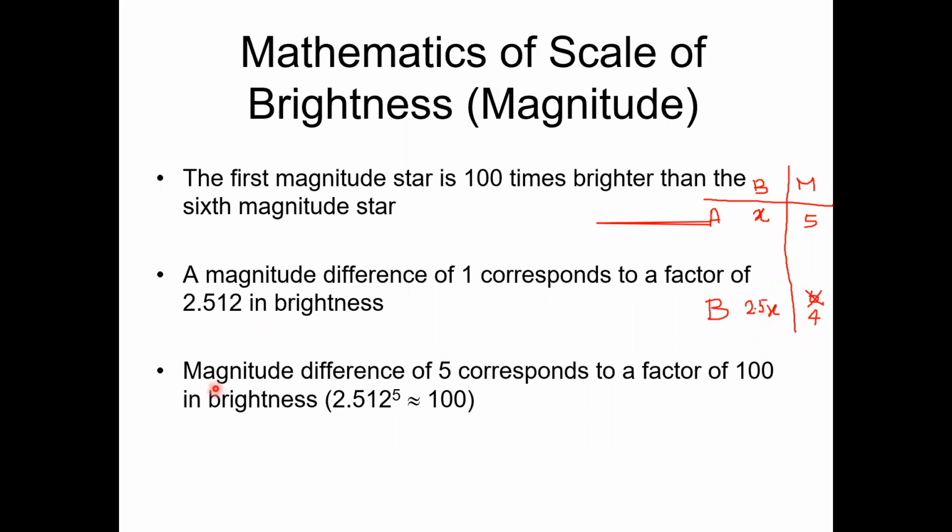So the third bullet is nothing new. A magnitude difference of 5 corresponds to a factor of 100 in brightness. If you just punch in 2.512 to the power 5, this is approximately 100. Just do it by hand and you will figure that out. So it's easy to remember.